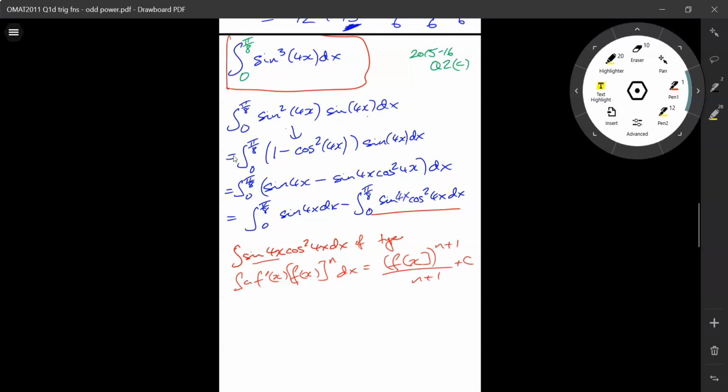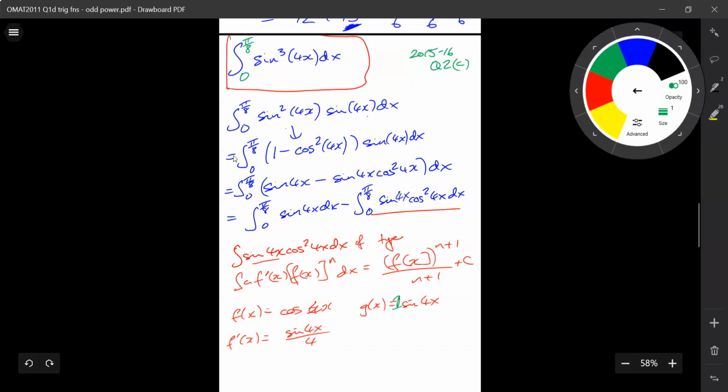So if we come and test this, we say let f at x equal to cosine of 4x. g at x is the other function, which is the sine of 4x. The first derivative of f at x is sine of 4x divided by 4. And then we work out our a, where we have a sine of 4x in both terms, the g of x and the f prime x.